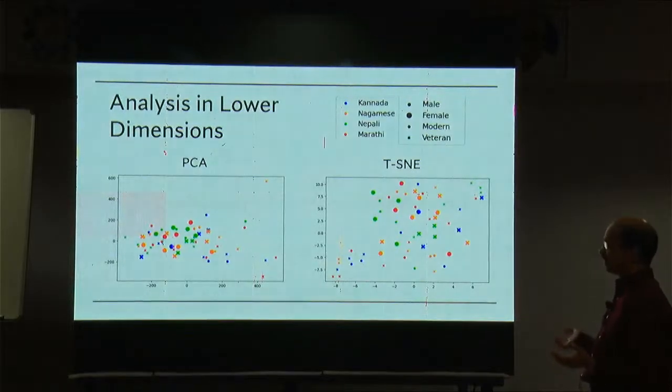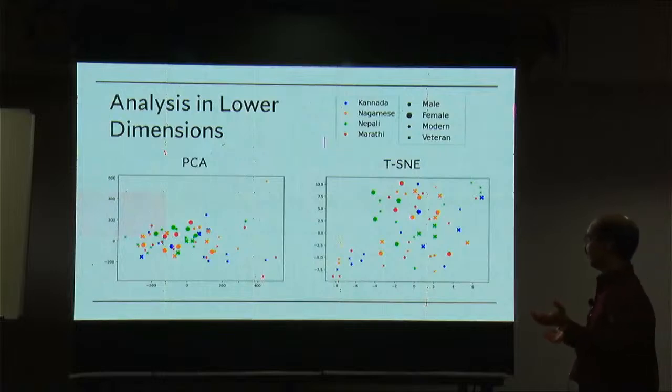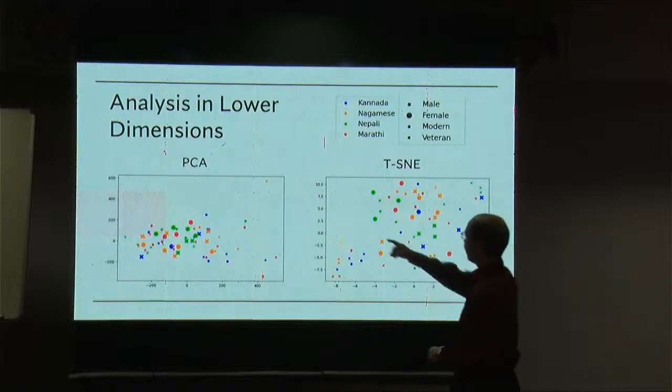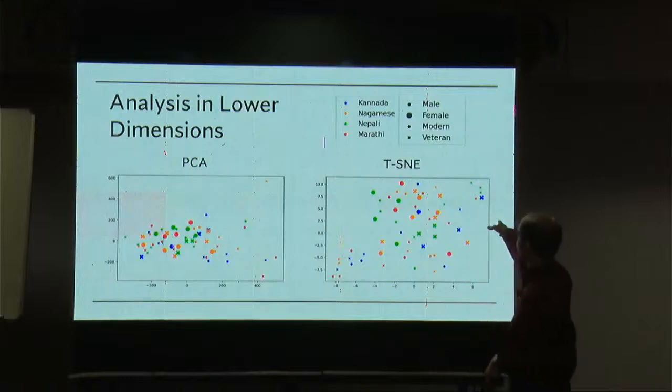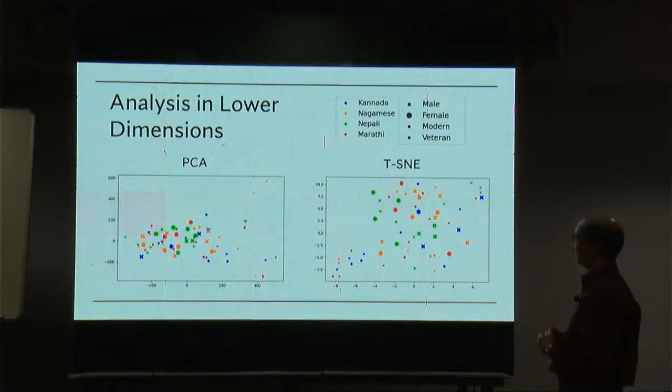We don't really care about the distance between Krishnan Kovil and San Jose, right? So that is the idea that is captured in TSNE. So for instance, the outlier in the PCA is not an outlier anymore in TSNE. The reason is because the distances are more local now. They are no longer global.